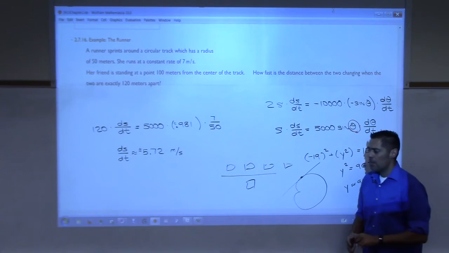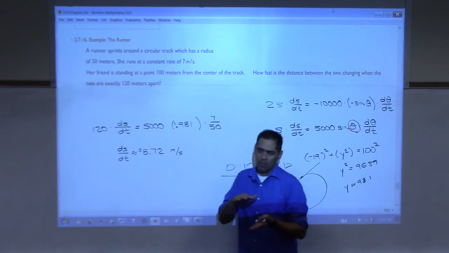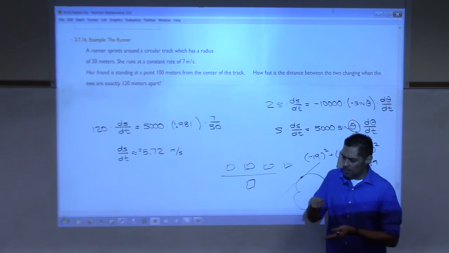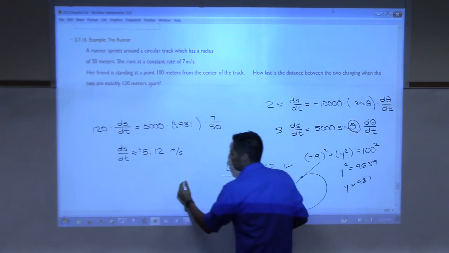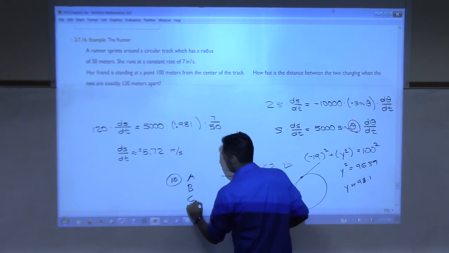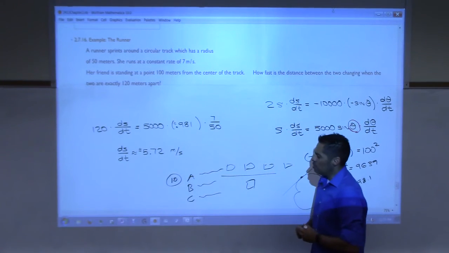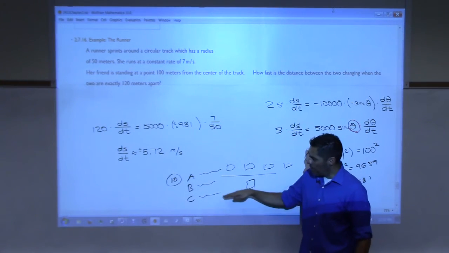The other option is that I put on the test, I don't know how many related rate problems I'm going to give you, maybe 2 tops. But what I would do is like, let's say it's number 10. I would say A, B, and C. I would give you an A level problem, a B level problem, and a C level problem. And so you would have to choose. I'm going to do the A level problem.